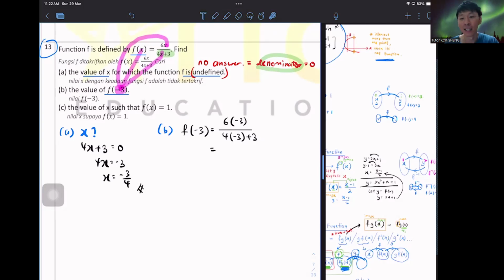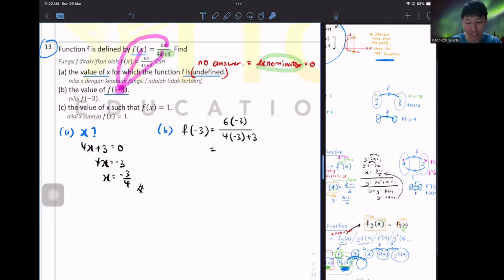Whatever number on top, even though it's 0, negative, or positive, you divide by anything bottom, you still able to get answer. But bottom, if you divide by 0, cannot. That's why on top, no need to care. Just the bottom part.